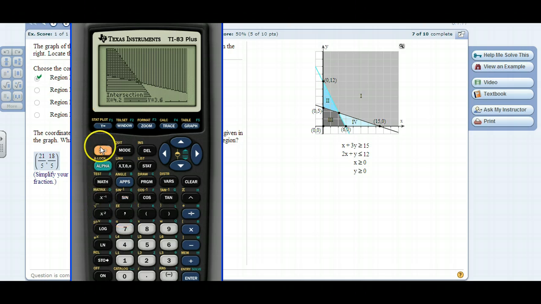If I go back to the main screen and tell it to change x into a fraction, there's the 21 fifths. And if I tell it to change y into a fraction, there's the 18 fifths. So you can do it with your calculator. But it is something we've seen before, so you would be expected to be able to do it by hand as well.